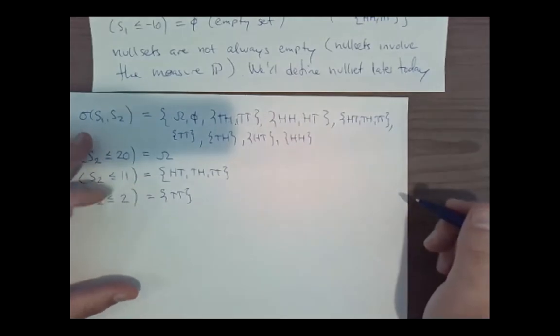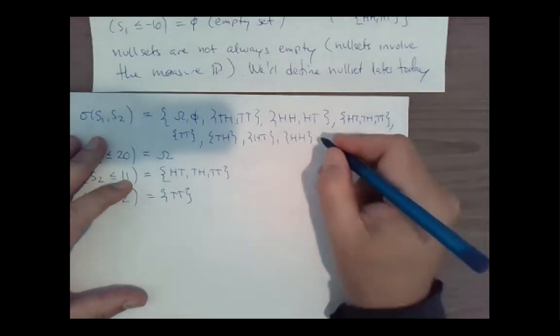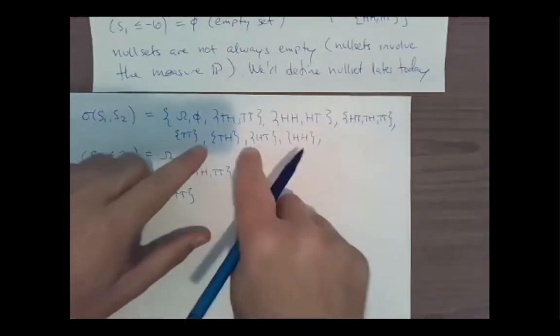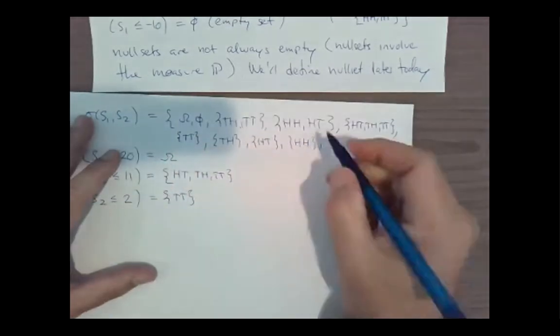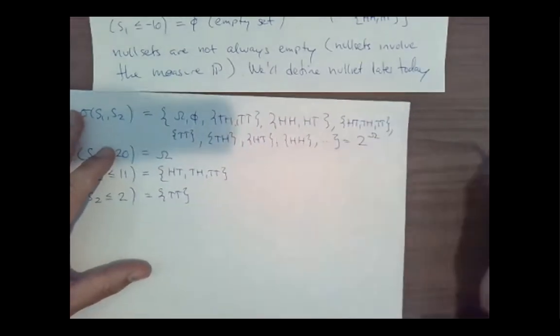Then I also need arbitrary unions. So I would need to be able to do arbitrary unions of these. So I keep going, and in the end, I'm going to get 2 to the omega.